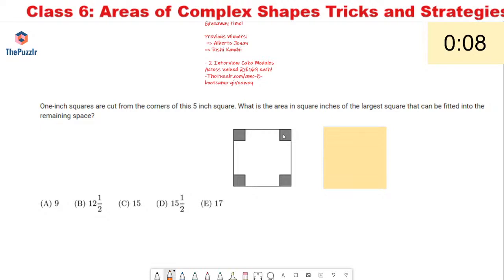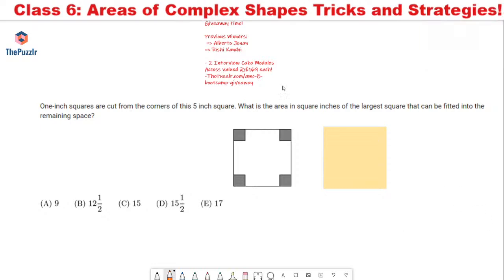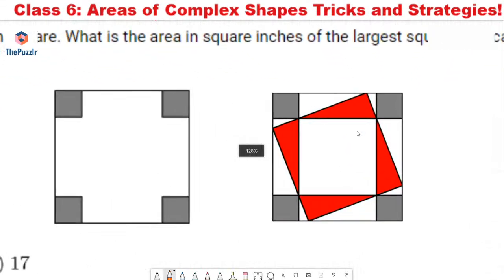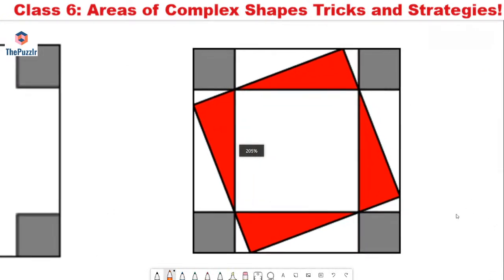About 8 seconds left. And let me reveal the diagram. Delete. Okay. I think this is something that's going to really help you guys.